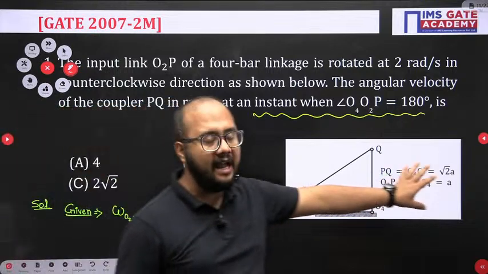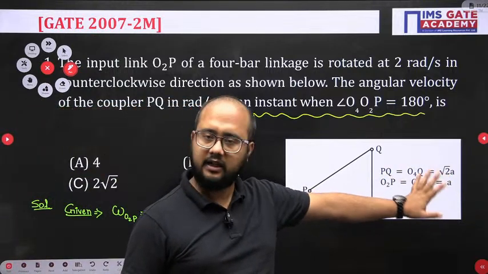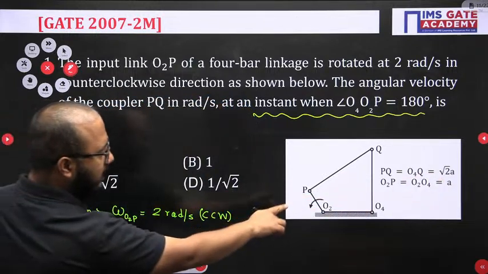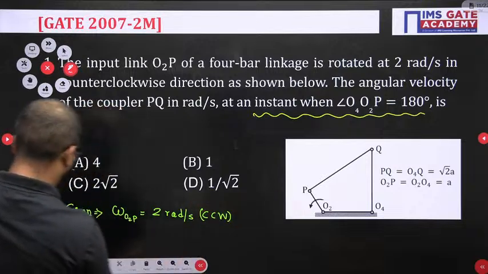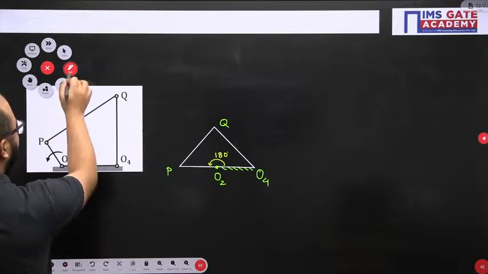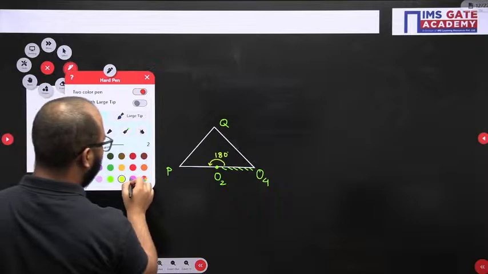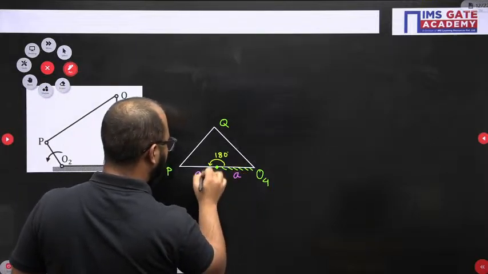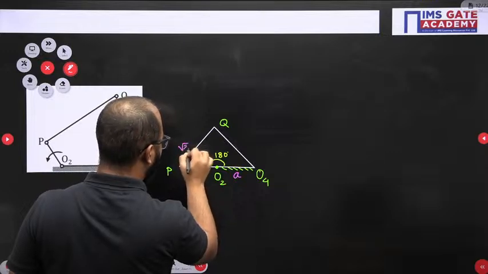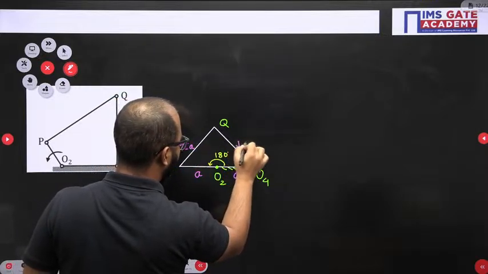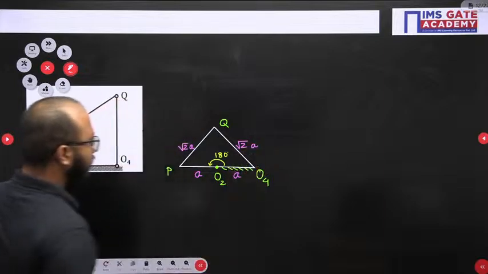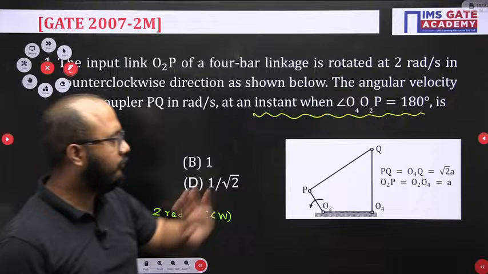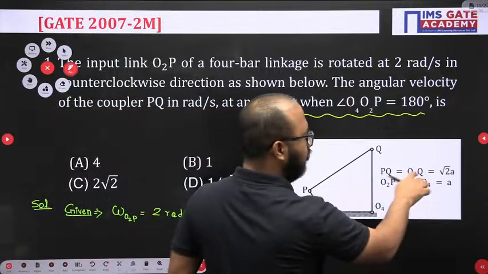Apart from that, dimensions are given, so let us mention those dimensions also. O2P and O2O4 have the same dimension, that is A. Dimension A, and this is root 2A, because PQ and QO4 are root 2A.